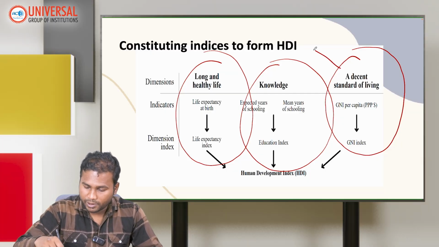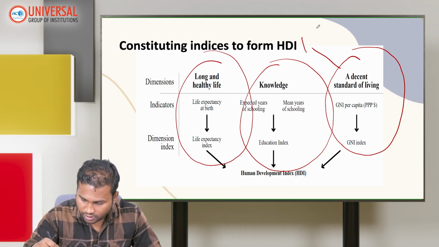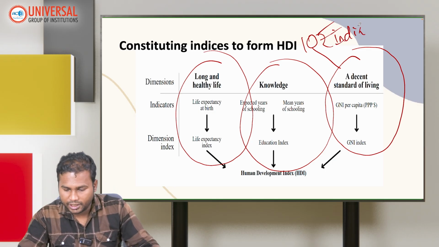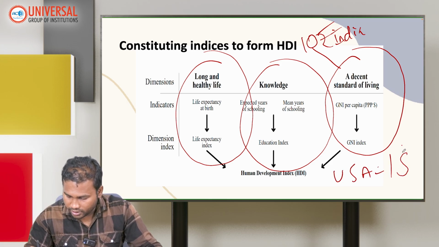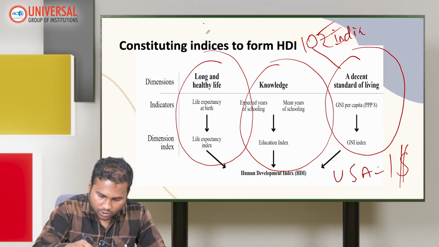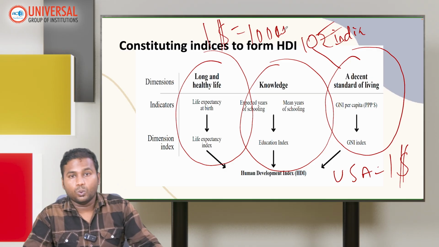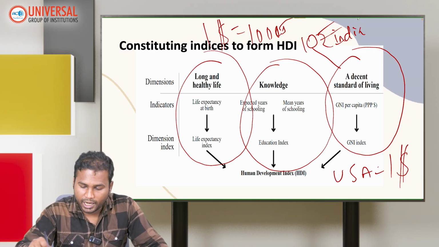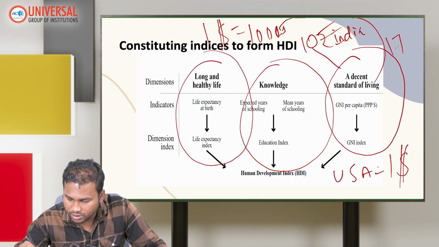Purchasing power parity is nothing but, let's say, one Dairy Milk costs around 10 rupees in India, but in the US, let's say, it costs around $1. Let's assume $1 is equal to 100 rupees. But when a person from America visits India, he can buy that same Dairy Milk chocolate with 17 rupees.